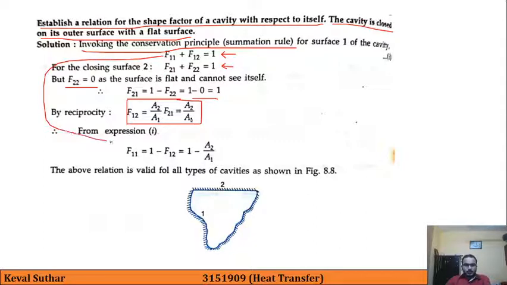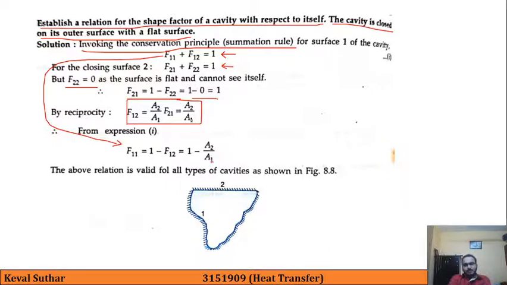So F11 is equal to 1 minus F12, which is 1 minus A2 by A1. That is, F11 is now a function of two areas only.